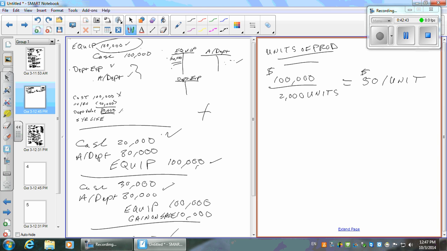Okay? So then what I do is I keep track of how many units I actually use. This is my estimate, okay? I keep track for each of the years how much I actually used. So for year 1, 2, 3, 4, 5, maybe I produce 15,000 units, 12,000 units, 11,000 units, 10,000 units, and 9,000 units.